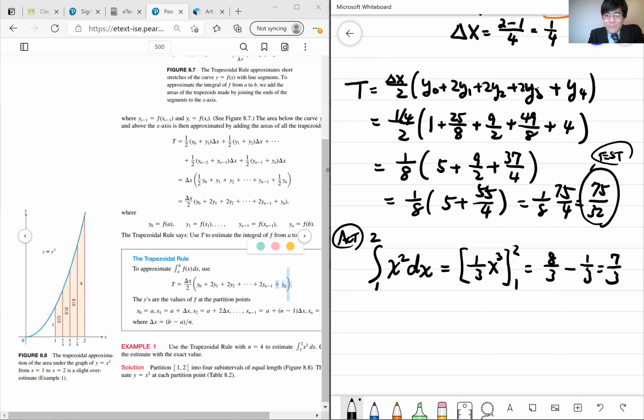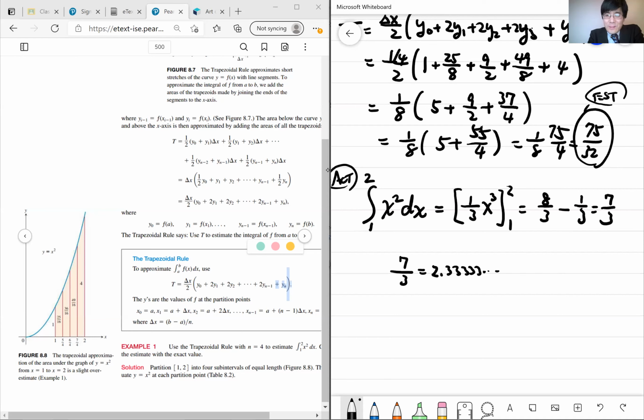Okay, so how close are they? 7/3 is the same thing as 2.33333. 75/32 is the same thing as 2 and 11/32.